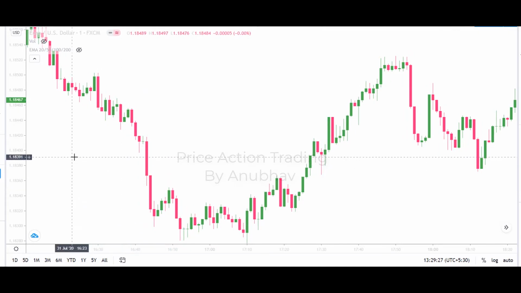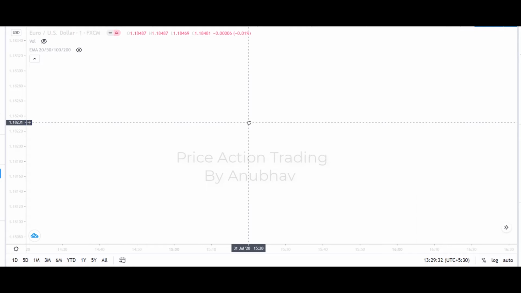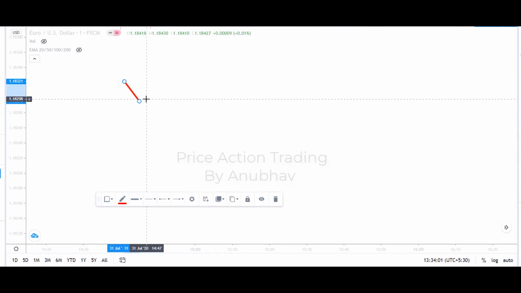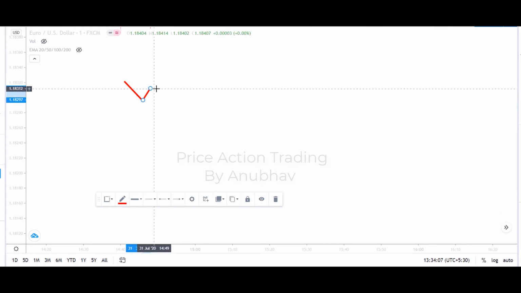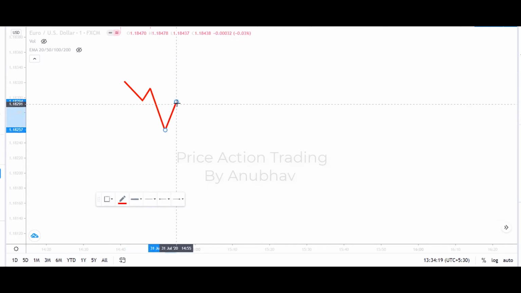Now let's move the chart a bit and do some analysis here. I'm going to draw a market structure for a downtrend, but the same things can be applied to an uptrend also. So let's start with a downtrend. I'll draw it like this. The market moves up, down, and then up.